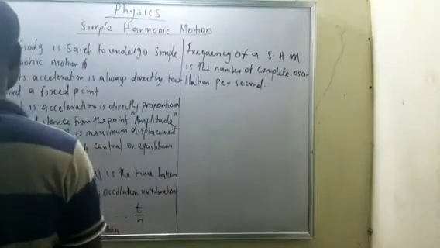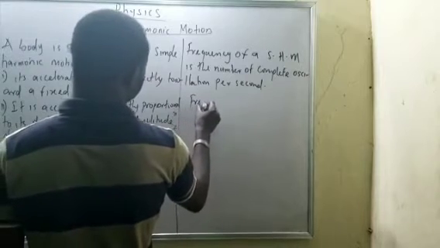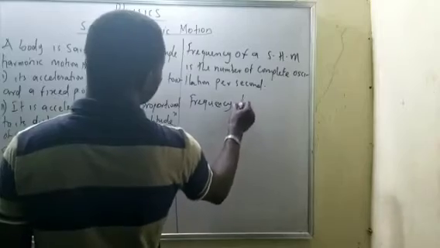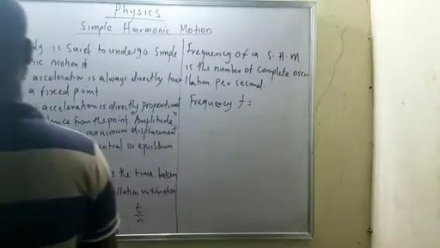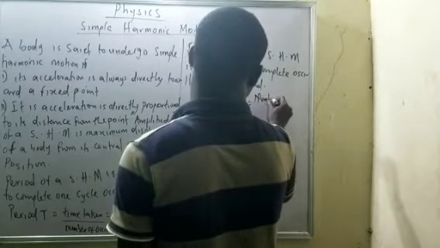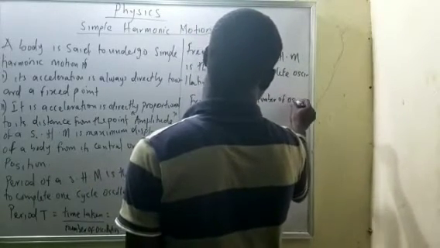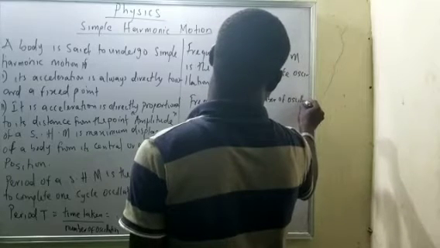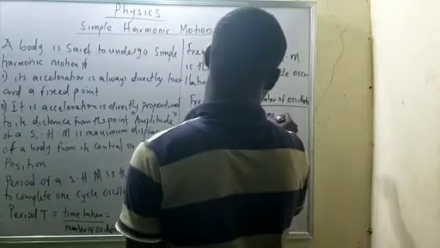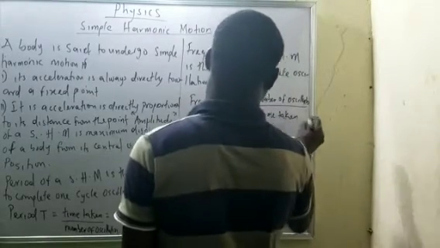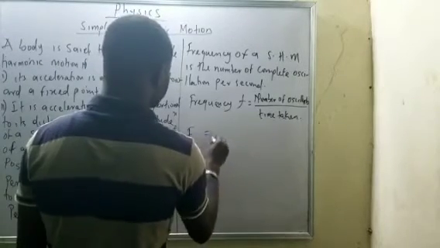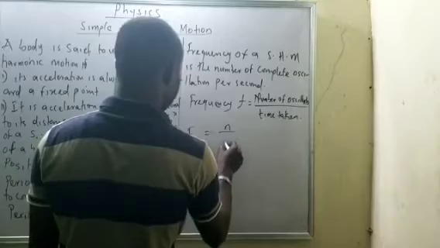It means my frequency, which we normally write as f, equals number of oscillations divided by time taken, which is n all over t.